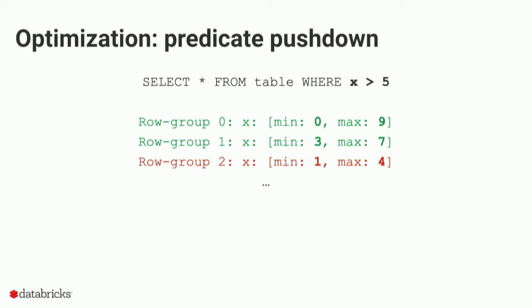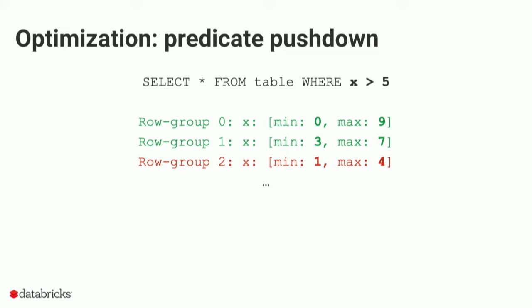So let's say you have all this metadata, for example, for these 3 row groups, and you have your predicate X is greater than 5. If you look at the min and max values of the first row group, you see that we have a min value of 0 and a max value of 9. So it's guaranteed that there's going to be a value that satisfies your predicate in that row group.